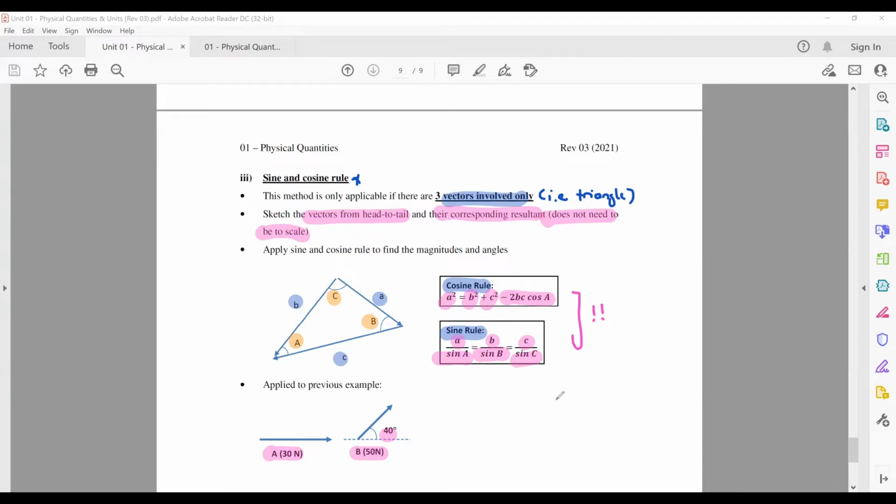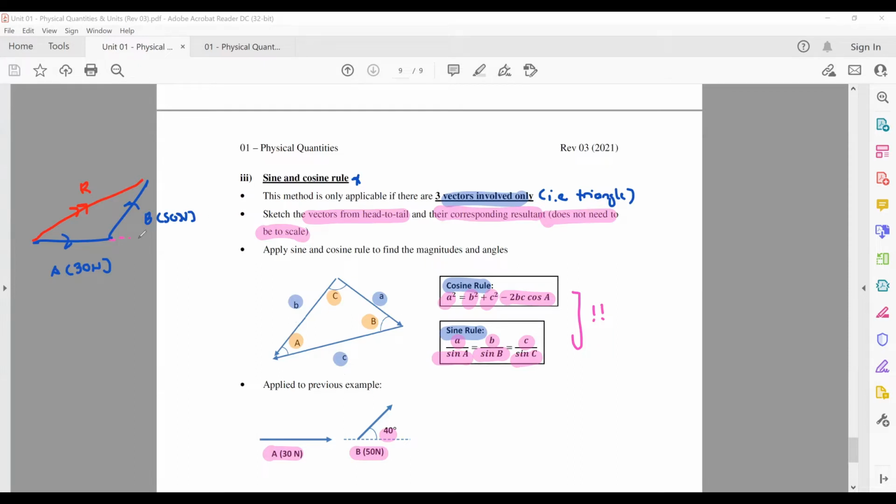Your diagram will look something like this. This is your vector A at 13 Newton, vector B at 15 Newton, and then your resultant would be this one.